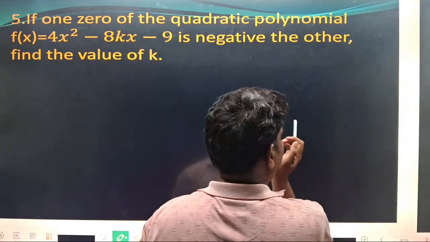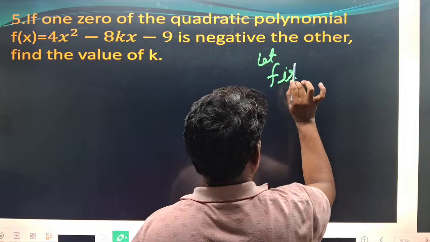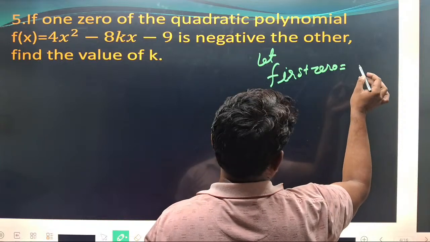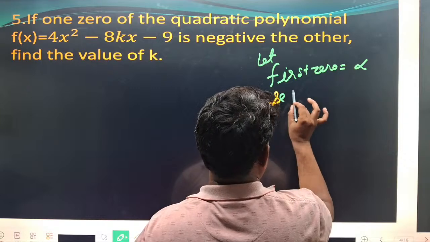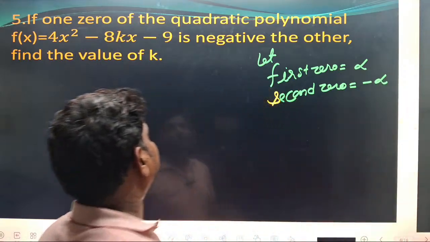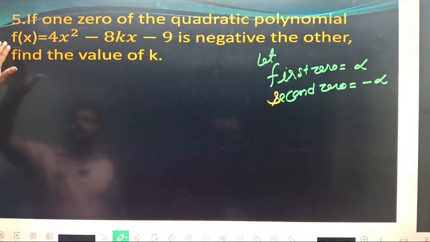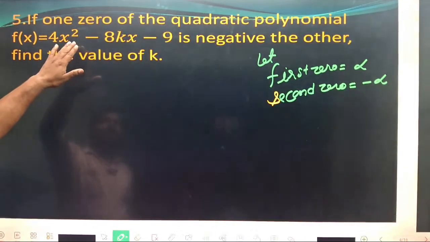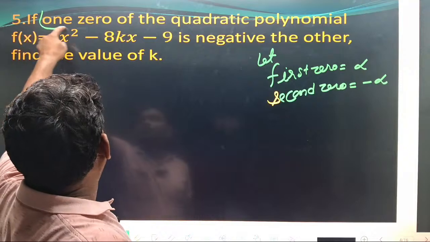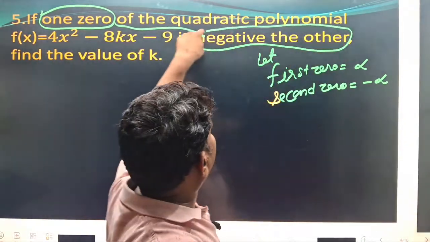Now, let the first zero be alpha, and the second zero be minus alpha, because in this question one zero of the quadratic polynomial f of x equals 4x square minus 8kx minus 9 is the negative of the other zero.